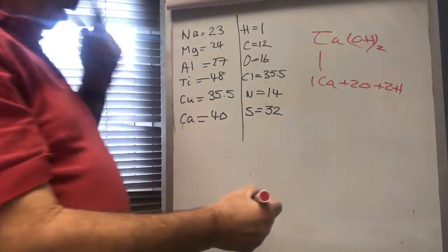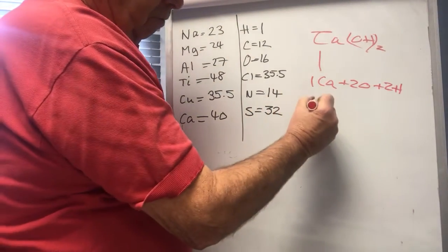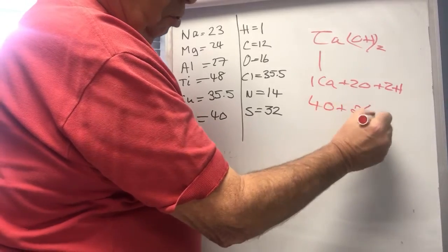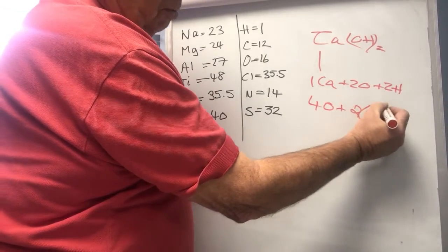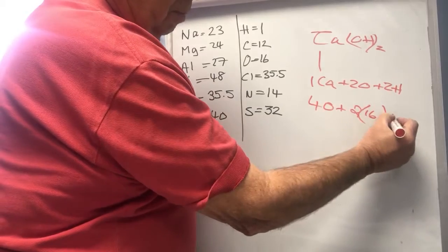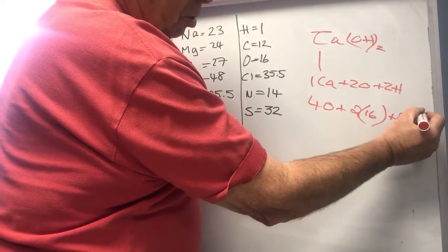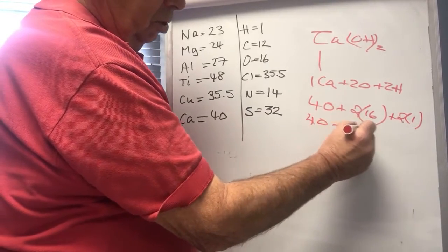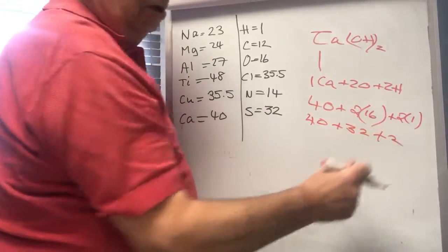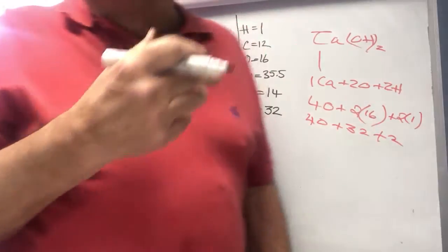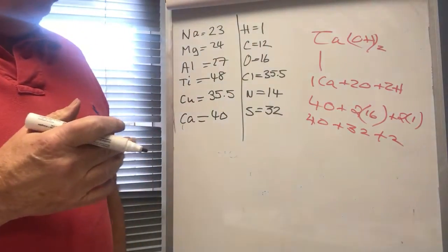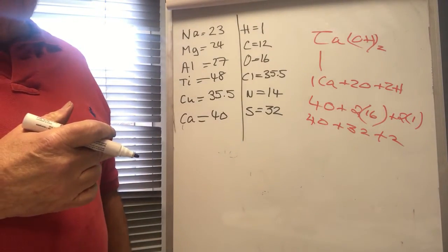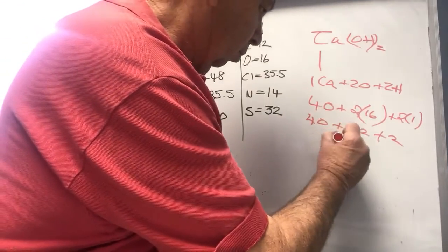So that would be calcium is 40, plus, I'm going to put it in brackets this time, 2 times 16 plus 2 times hydrogen, which is 1. So that's going to be 40 plus 32 plus 2. So therefore the relative formula mass of calcium hydroxide is 74.